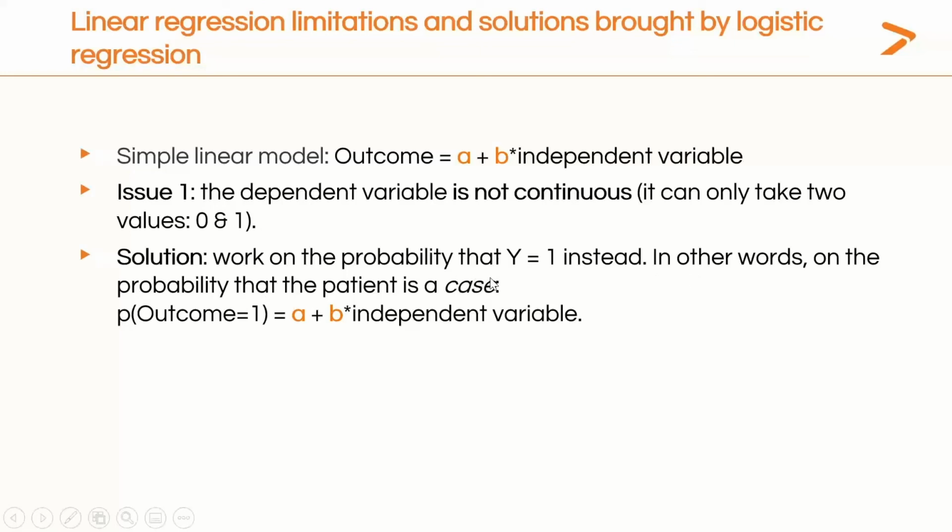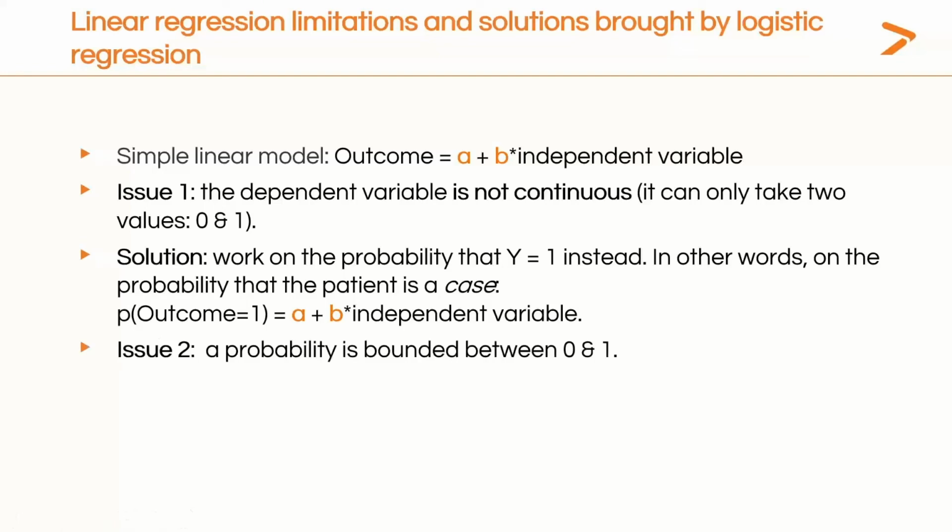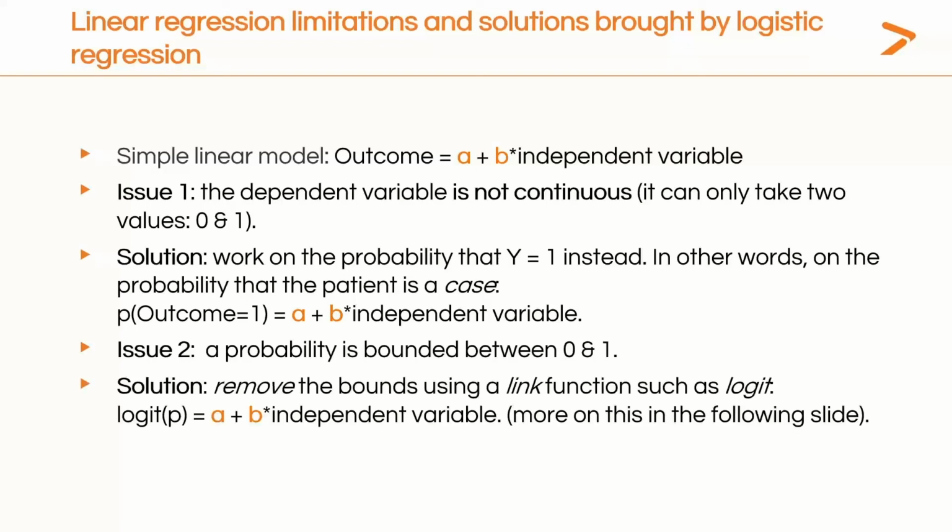So instead of working on 0 and 1 data, we can work on the probability that the patient has a disease, which is 1 minus the probability that the patient is healthy. So we have a continuous variable here, as the probability can take an infinity of values, but the problem is that the probability is bounded between 0 and 1. So we still have a problem. We still cannot use linear modeling classically.